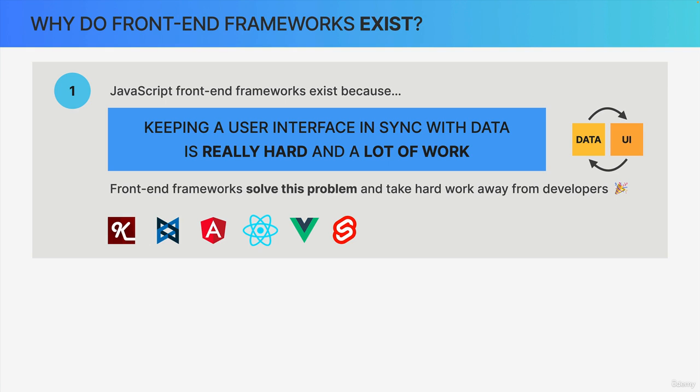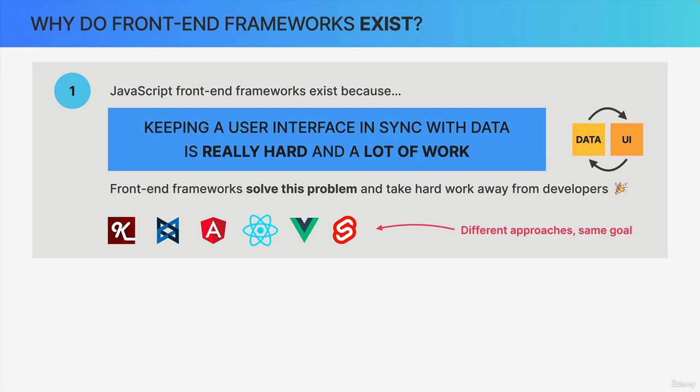So they solve this really hard problem so that we developers can focus only on the data and on building our user interfaces themselves. Now, different frameworks have different approaches to doing this, but they are all similar in the fact that they keep UI and data in sync over time.